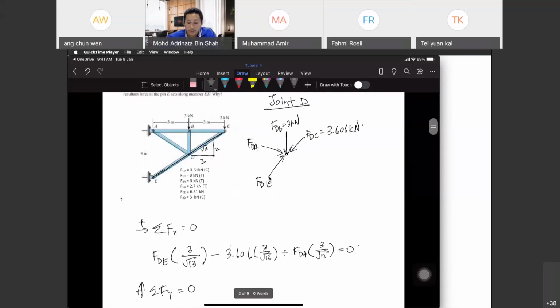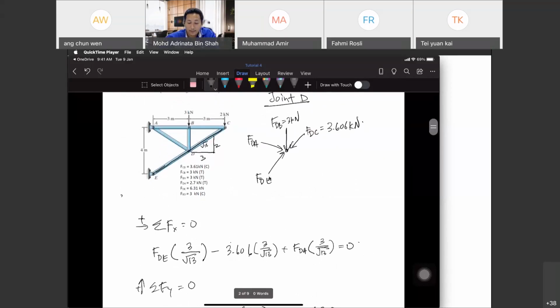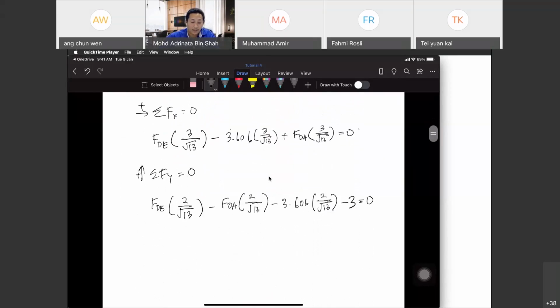So jangan lupa FDB. Okay, so X and Y direction. So we solve the equation. So we have equation 1 and equation 2. Just bring the equation 1 into equation 2 and we can solve.